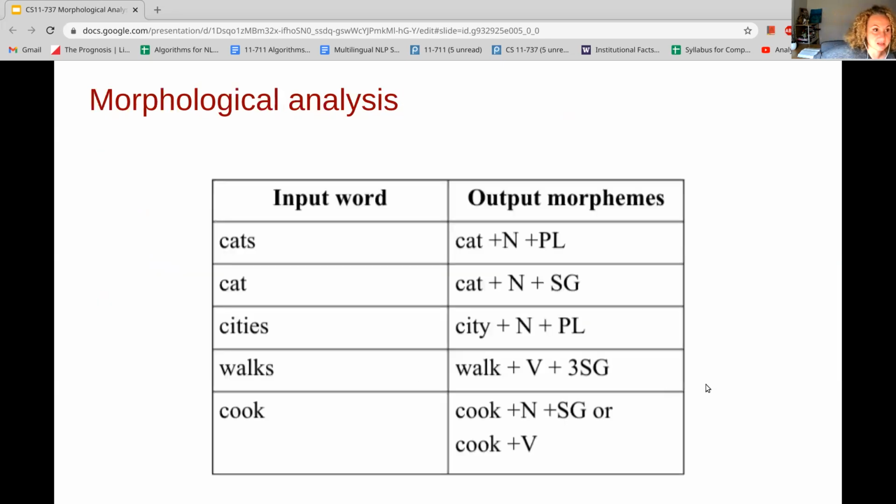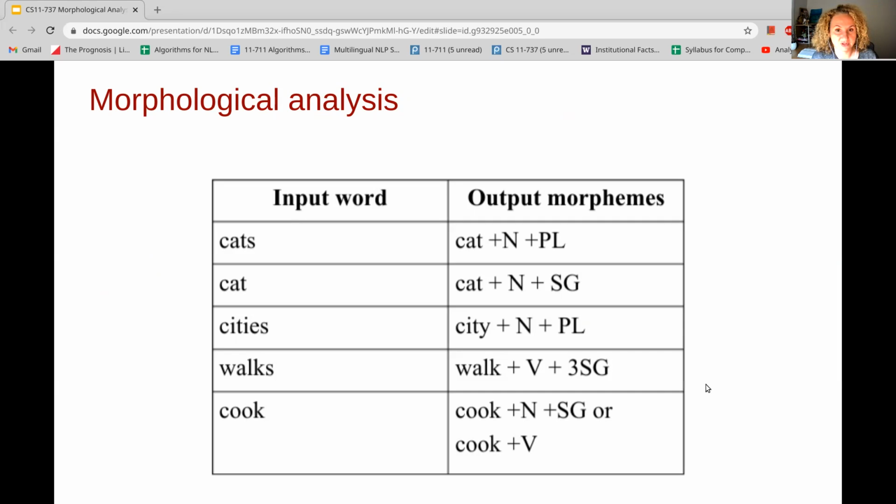So the most common task is morphological analysis. And it is also called morphological parsing. Our input is a word and our output is a word stem and features expressed by other morphemes.